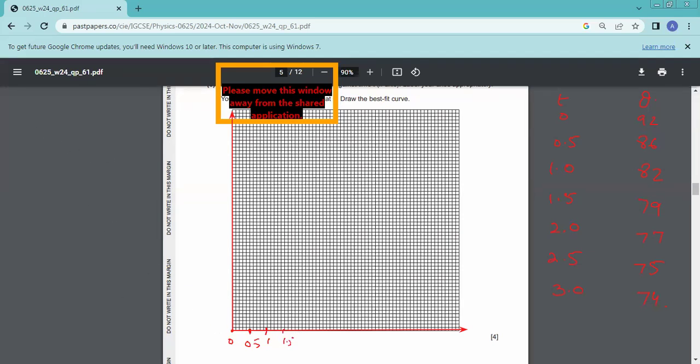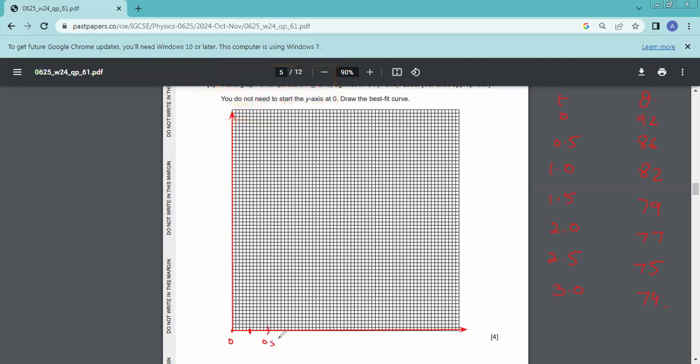Maybe we can take the values a little bigger, so that 0.5 is 10 small squares. So this would be 1, and almost this would be 1.5.